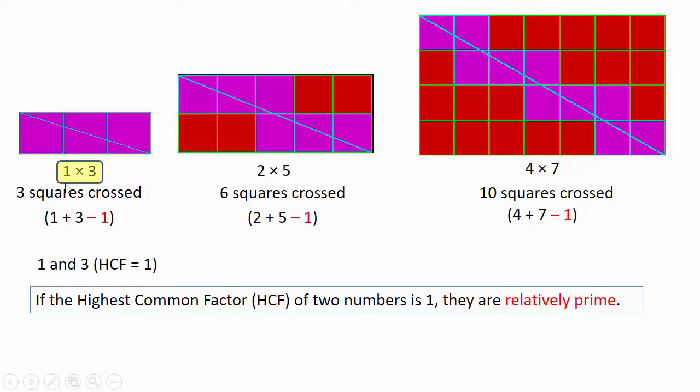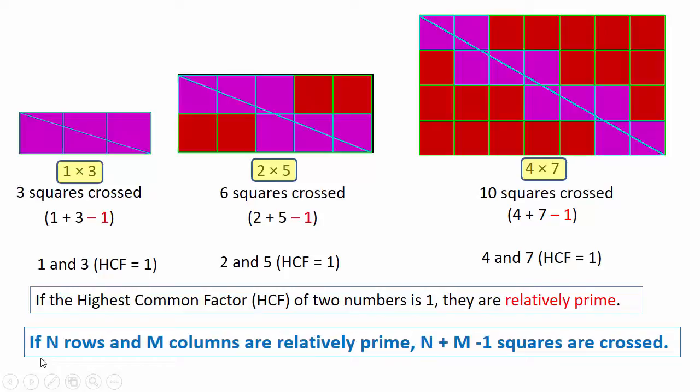For example, 1 and 3 are relatively prime because the biggest number that divides into 1 and 3 at the same time is 1. There it is, 1 and 3, highest common factor is 1. For the second one, 2 and 5, highest common factor is 1. And finally, for 4 and 7, highest common factor is 1.